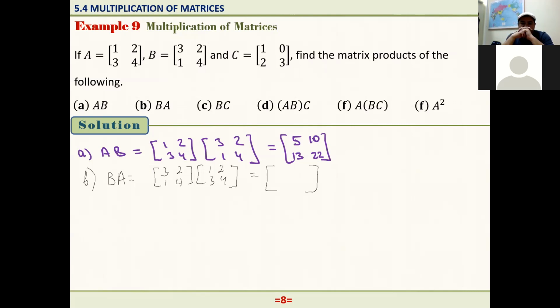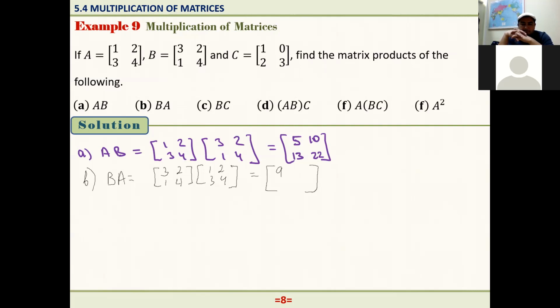So the first number: multiply the first row by the first column, right? That is 3, 2, and 1, 3. 3 times 1 is 3, plus 2 times 3 is 6, okay, 9. The second one in the first row is the first row times the second column?